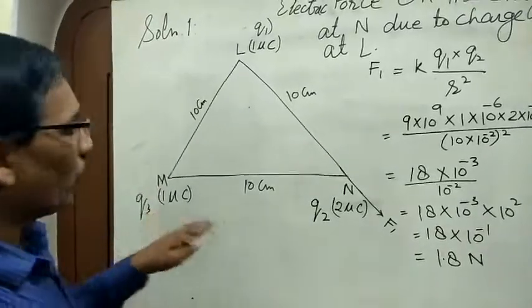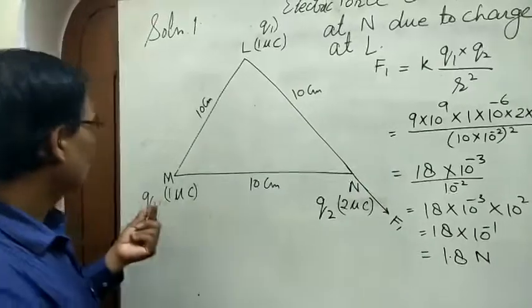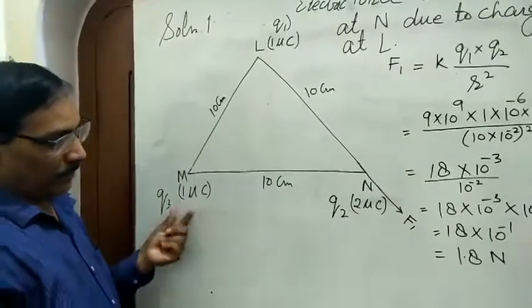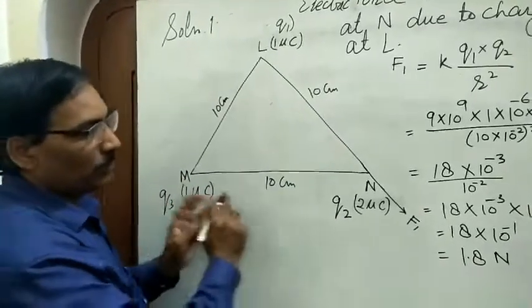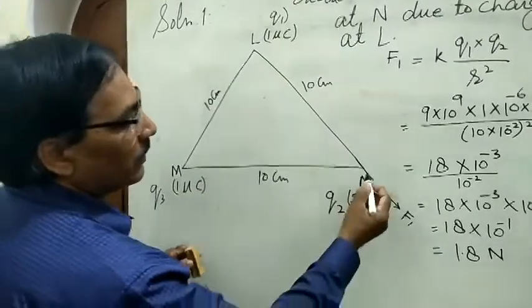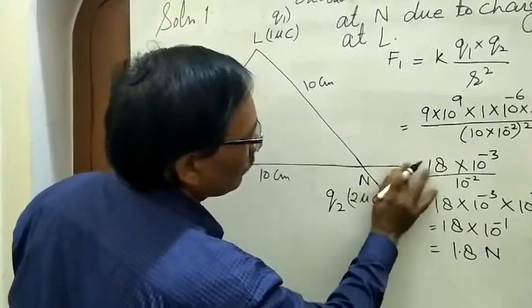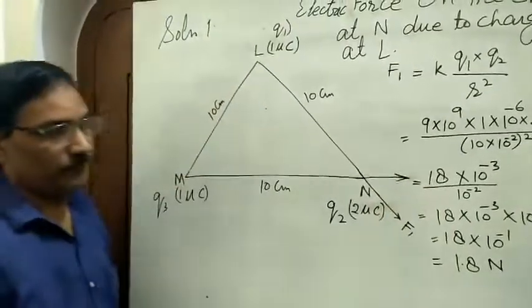Now we will find the force on the charge at N due to the charge at M. Again both charges are of the same nature, so there will be a repulsive force. It will act in this direction.